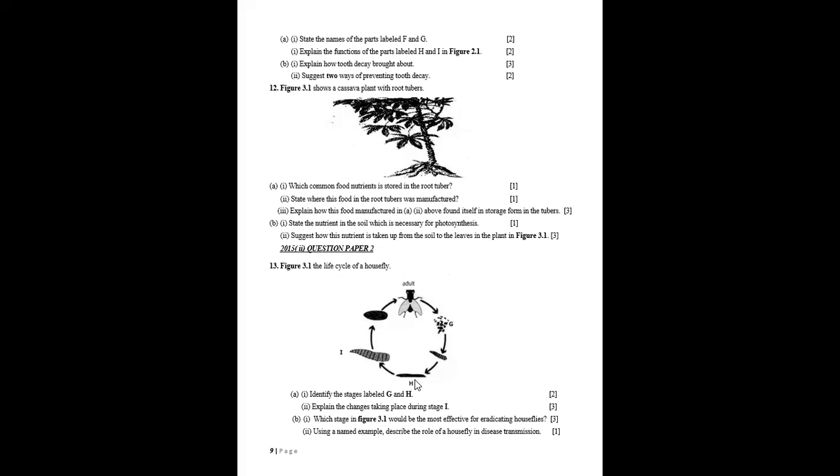Then B1, which stage in figure 3.1 would be the most effective for eradicating houseflies? The pupa stage, because it's inactive and not moving, just stationary. Hence it is easy to kill.